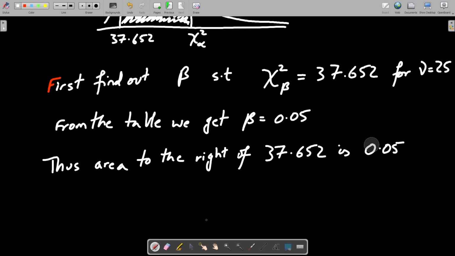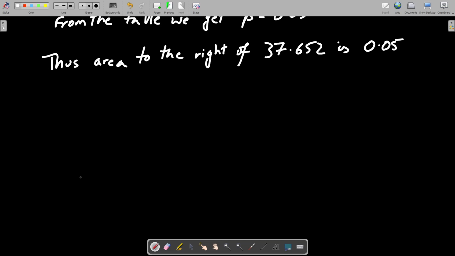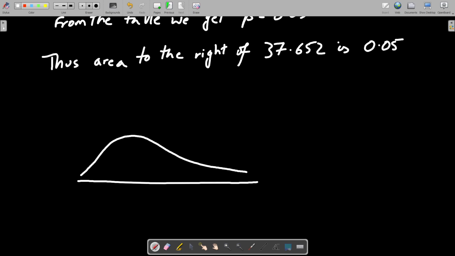Now understand the situation here. I'm telling you that there is a 37.652 here, and the area to the entire right of it is 0.05.